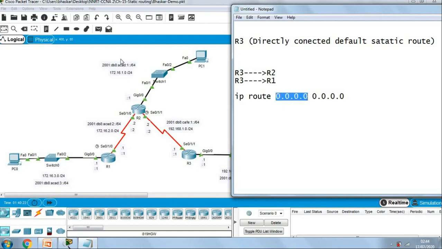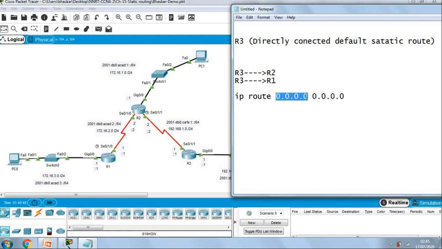This network means any network, even this one or this one or this one. If you want to specify each, you have to write a static route for the 172.1 network, 172.2 network, 172.3 network. But I don't want to write for all these things. I can simply give any remote network. That is the meaning. Clear?